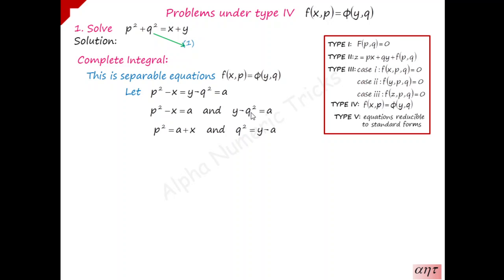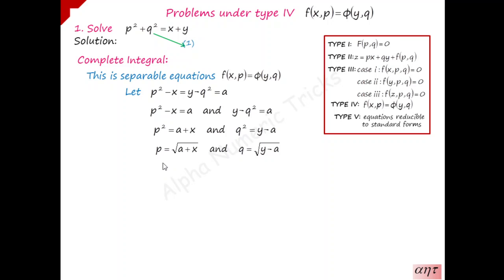Similarly, we find q squared. When you take q squared to the other side, it becomes plus q squared, and a goes to the left hand side, so q squared is equal to y minus a. Taking the square root on both sides, we get the values of p and q: p is root of a plus x and q is root of y minus a.